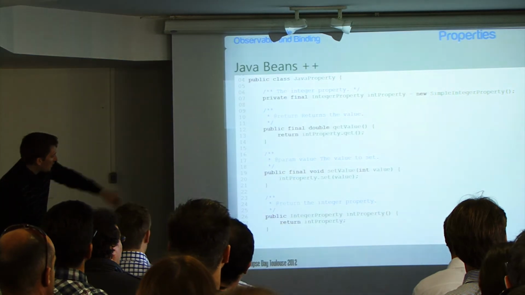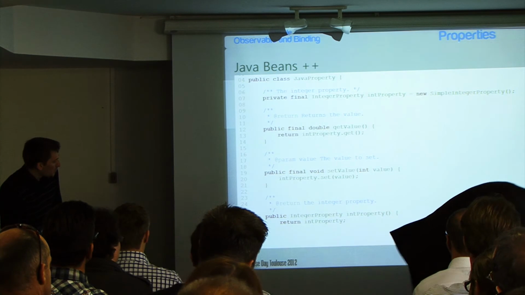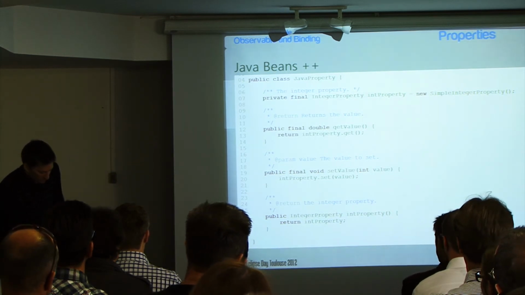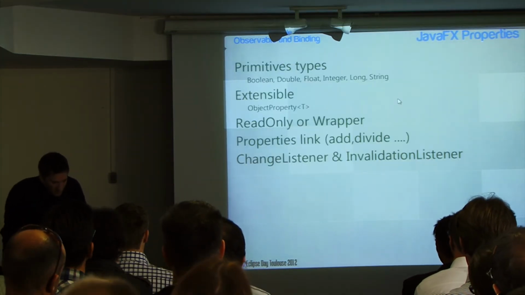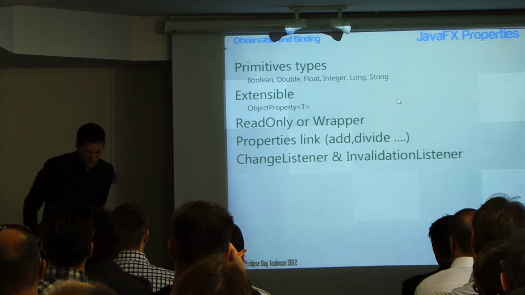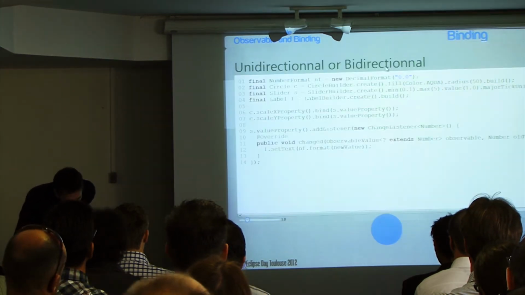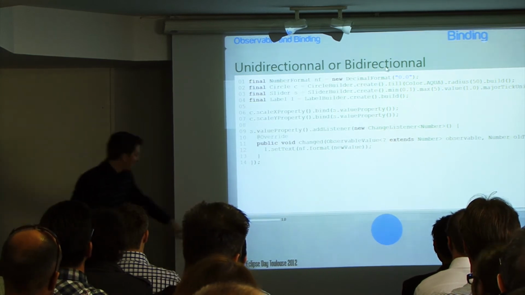So, at the bottom, you can see the int property method, which allows mapping the value of a property for observers. Here you have an example of a binding.